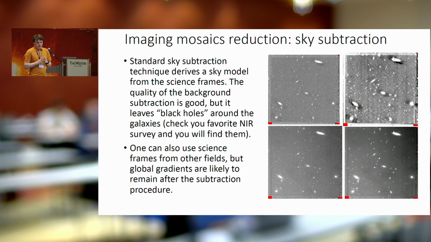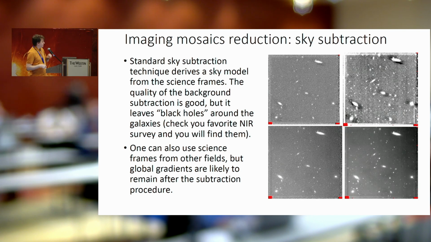The second approach. The main idea of the second approach is to use science images other than the images you are reducing to construct a sky background model, and it works pretty well because it doesn't produce these over-subtraction artifacts like black holes or black rings, but at the same time it leaves a gradient, a global pattern of sky background on the reduced image.